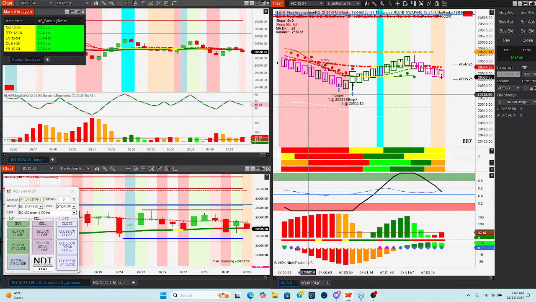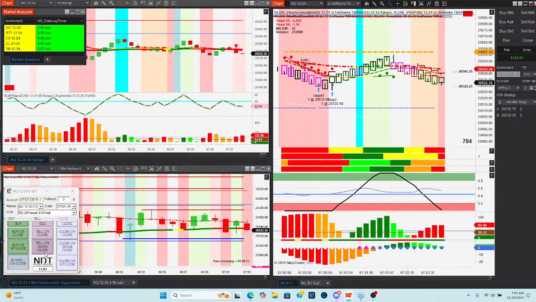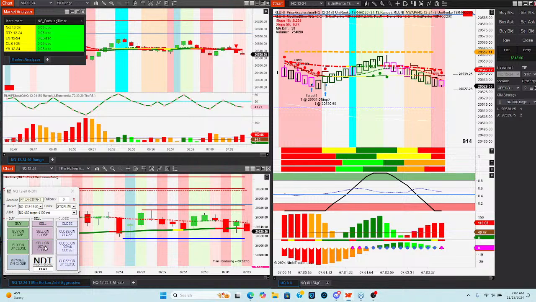Now looks like I might be getting a C2. Okay, don't have the bias I like yet. But I do like the setup.